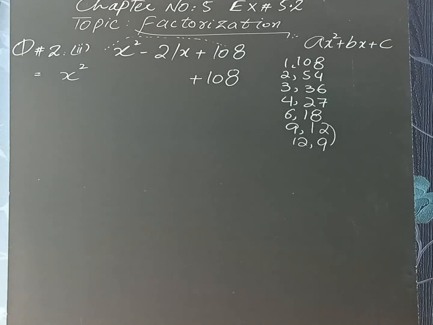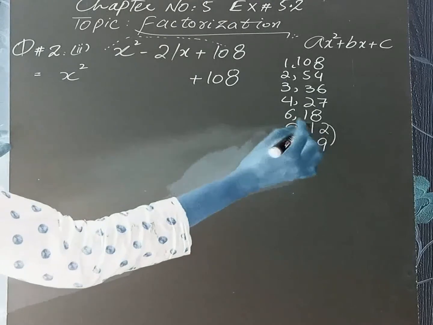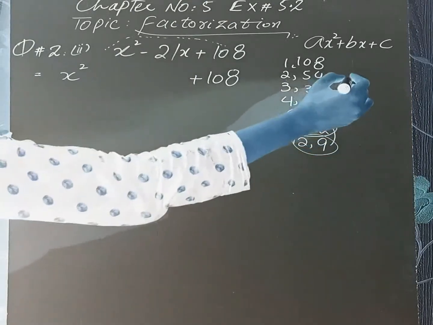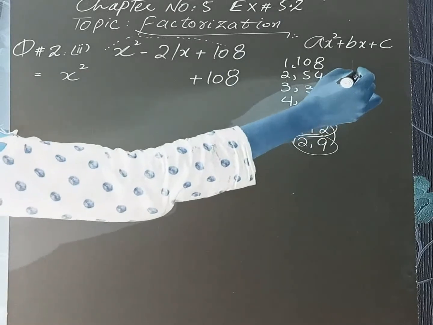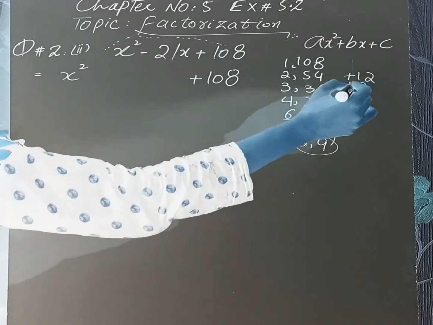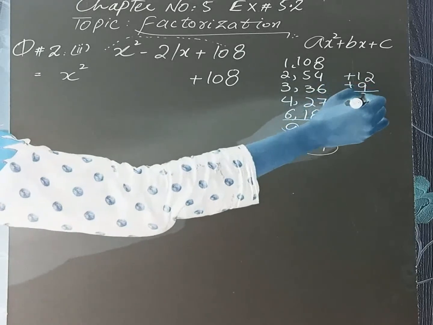But how am I going to put the signs over here? Plus 12, I need here minus 21x. So with the greater value, I will have to write this pair. I will pick this one, 12 and 9. I can write plus 12 plus 9. That is 21.